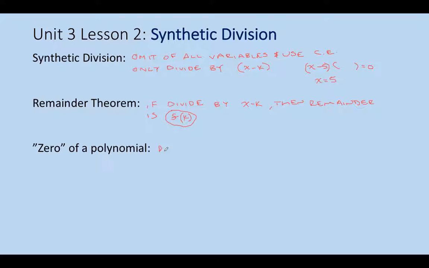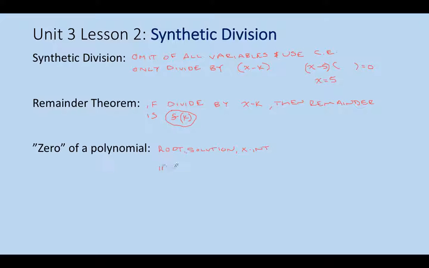And then the zero of a polynomial. Other words for zero that are essentially synonyms: the root, the solution, the x-intercept. All of these things are essentially the same thing.